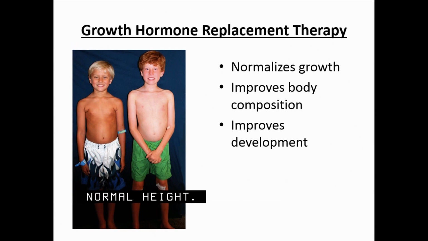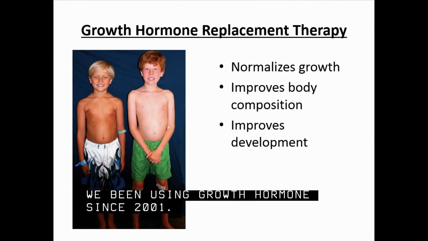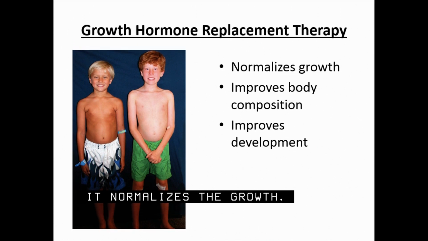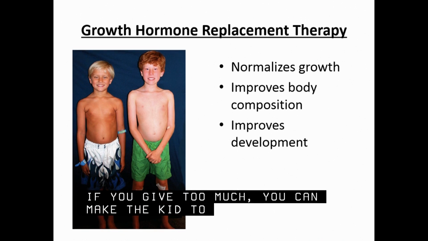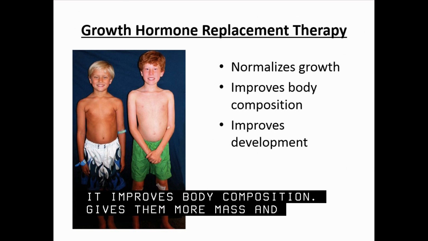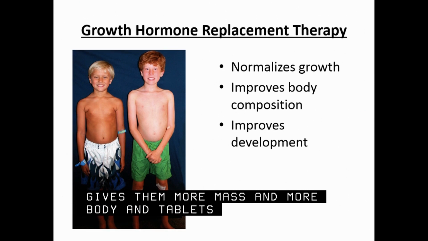We've been using growth hormone since 2001, FDA approved. It normalizes the growth, and if you give too much, you can make the kid too tall and almost Marfanoid-like. The main reason we want it, though, is it improves body composition, gives them more muscle mass, more metabolism, and actually they can have more calories. My adults that I was talking about in Gainesville are on 1,200 to 1,400 calories a day.